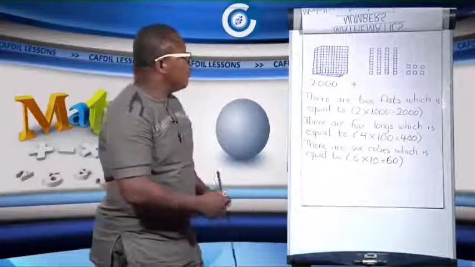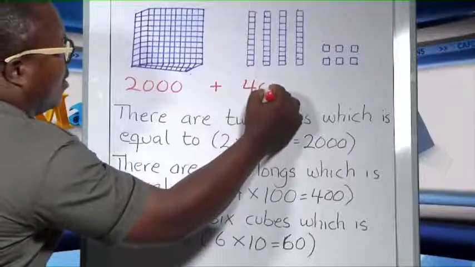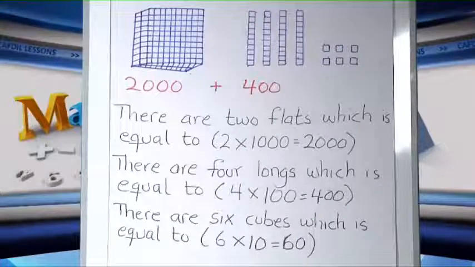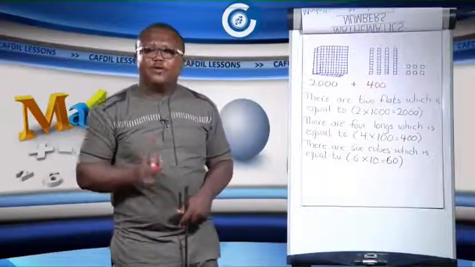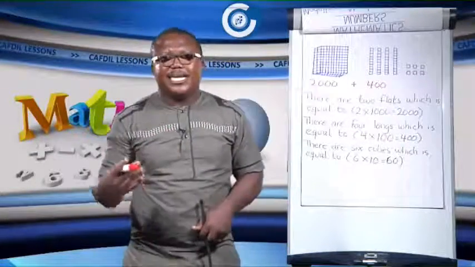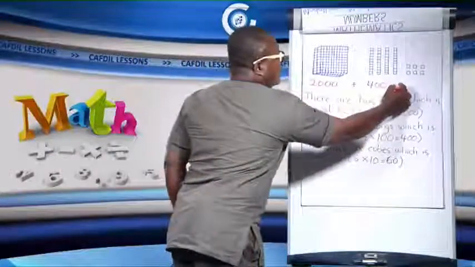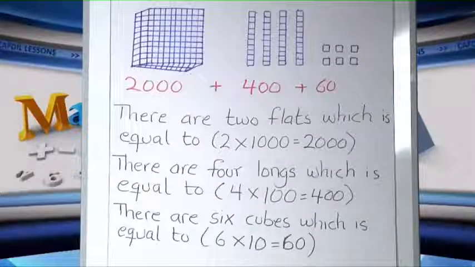So here too we had 400. Then how many cubes are also there? We said 6 of them. And we said cubes, 1 represents 10. So if they are 6, then it's going to be 60. So plus 60.